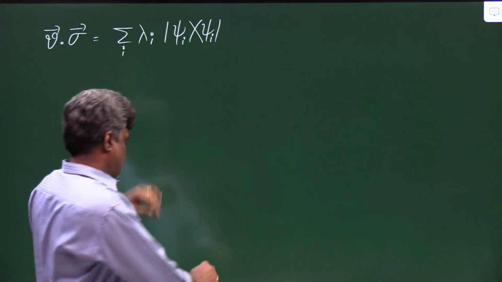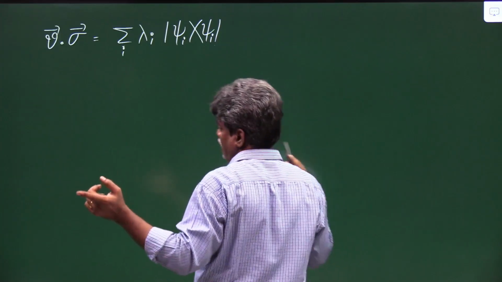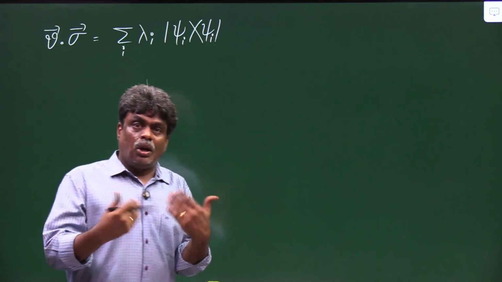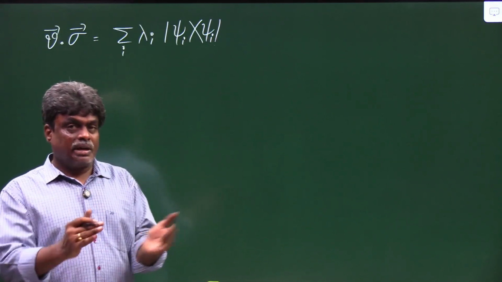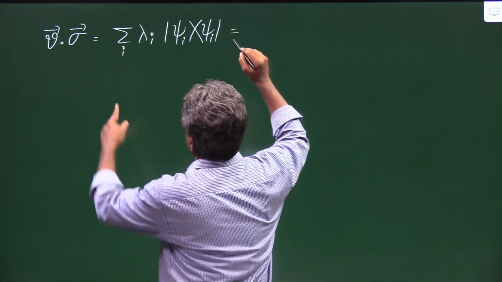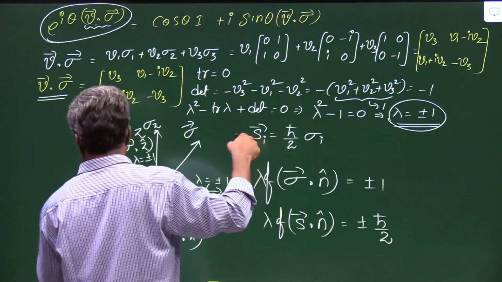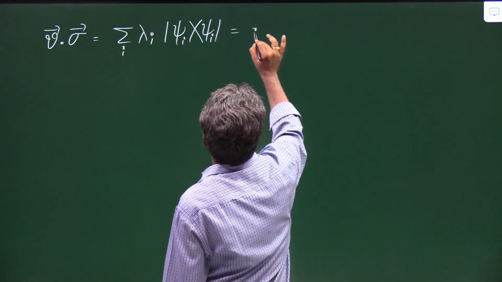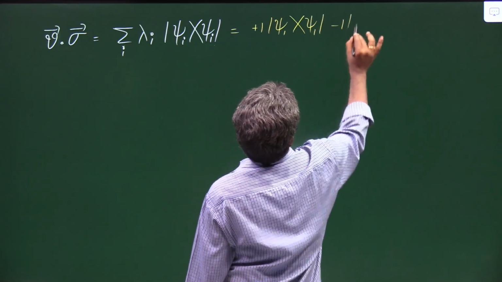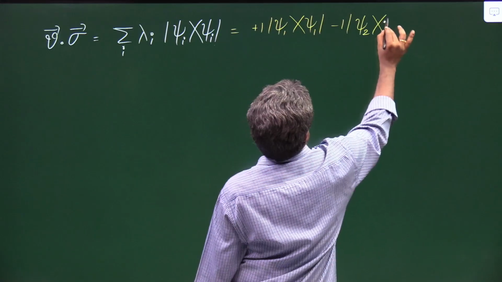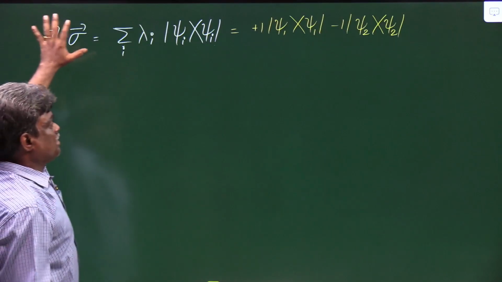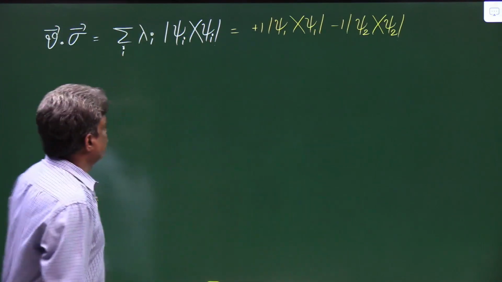No need to find the eigenvectors, leave it, because the eigenvectors are the same. We discussed this in an earlier problem for a, log a and a power m: eigenvectors are the same, eigenvalues are different. So the first eigenvalue we got is plus 1, another one is minus 1. So I can take plus 1 with psi 1, that's enough, and minus 1 with psi 2. That's it. This is my V bar dot sigma matrix.